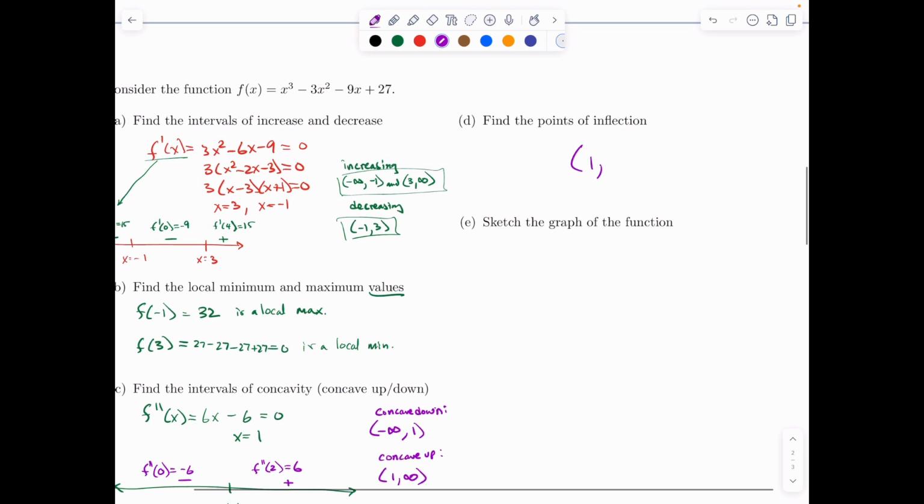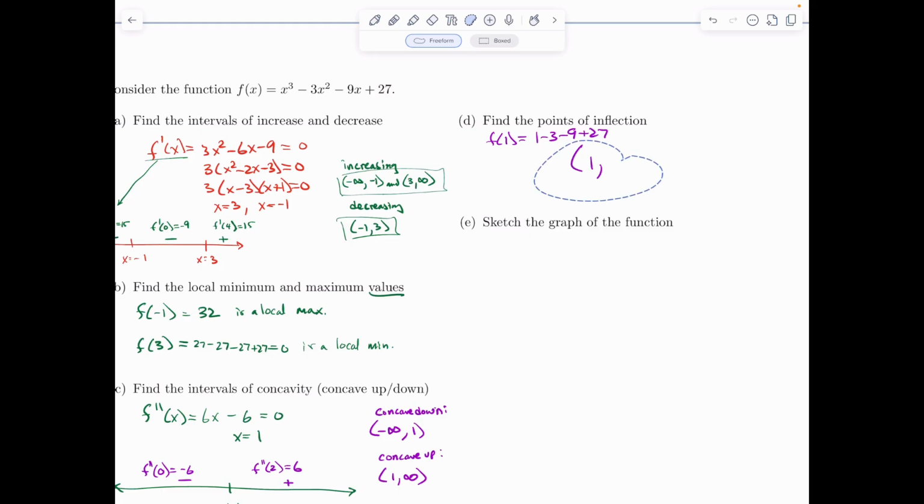F of 1. And so that's 27 minus 9 is 18, 15, 16. So this is a point of inflection.